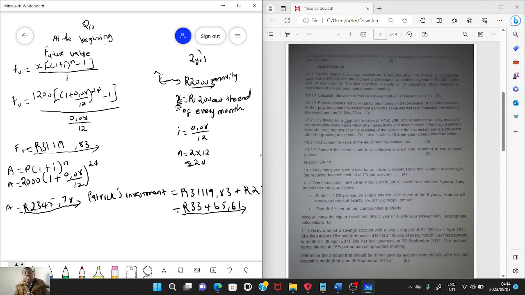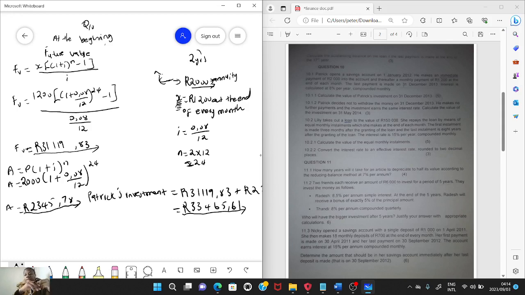Now listen, this is at the end of the year 2030. We are no longer going to count from 2030. Patrick decides to leave the money. Whenever you leave money in a bank account, it grows. He didn't withdraw after making the last payment at the end of 2030.